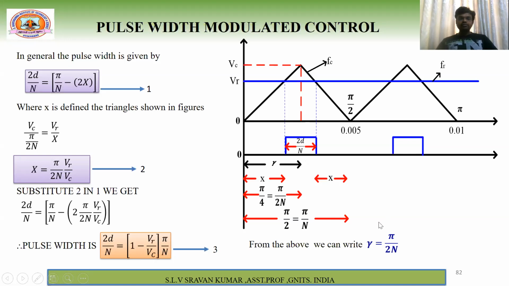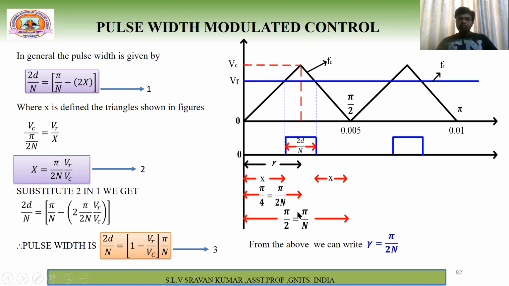Next thing is, we have to find this x value and the pulse width in terms of VC and VR. That is our aim. So for that we have to do some equations. First of all, the pulse width 2d by n is equal to, here I have written, pi by n minus 2x. What is this pi by n? This is total 90 degrees. Pi by n means pi by 2, which is 90 degrees.